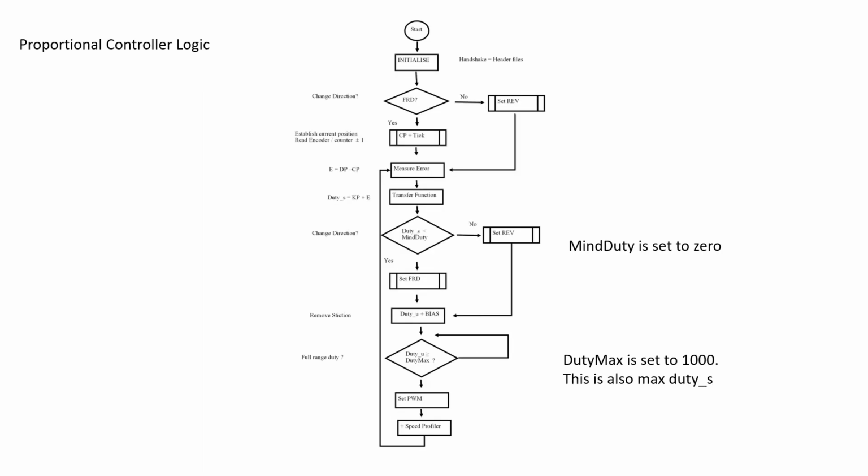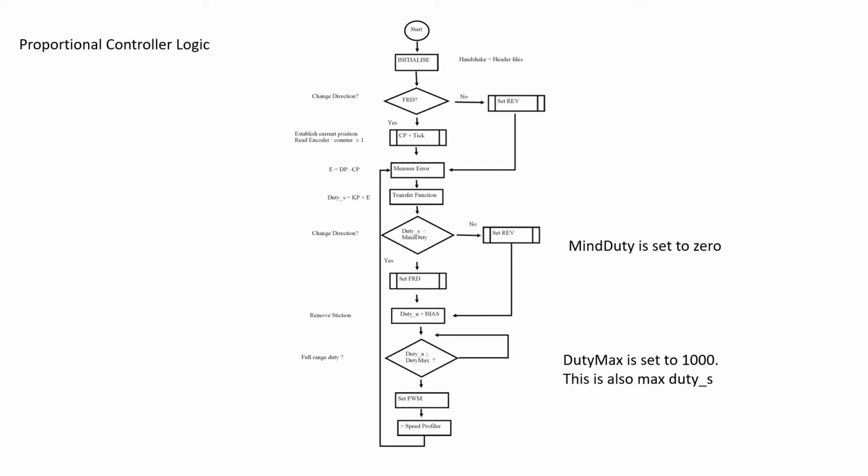This is a flowchart of the control logic of one of the controllers stored in the control.c. So here we see that when we push start, the system will initialize. It will decide whether you want to go forward or backwards, and then it will establish contact with the other files and also with the encoder, and it will check position and pulses, and then it will check the current position, and then it will measure error.